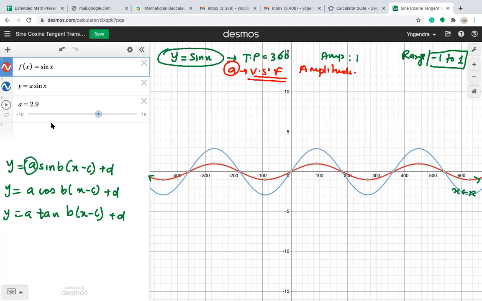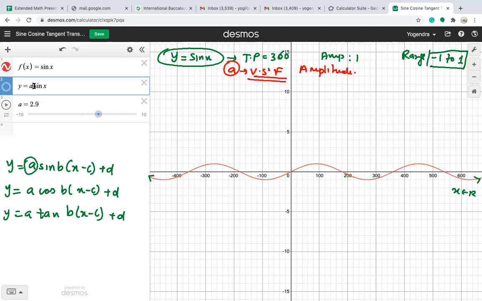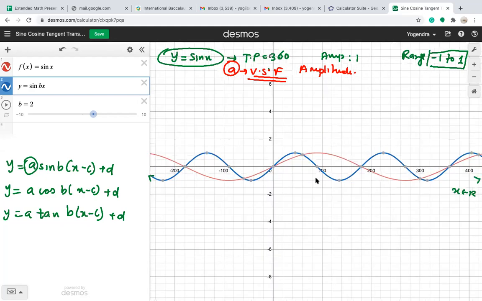Now let's investigate the b value. What does b actually do? If I look at the first graph, I'm going to hide it. The second graph I pick up is with the value of b. If I take b as 1, this is the original sine x graph. If I take b as 2, you notice the red graph had a time period of 360 degrees, one cycle you can see clearly.